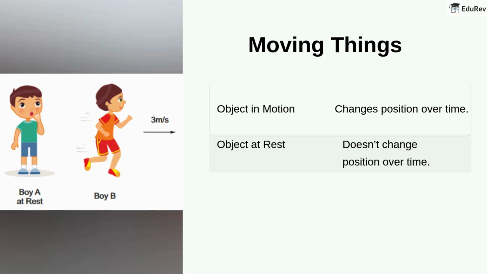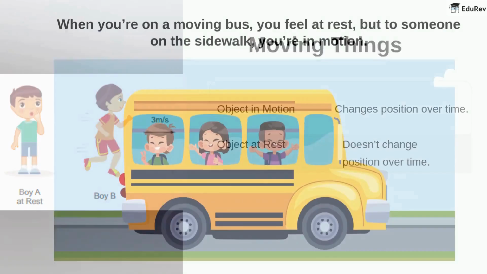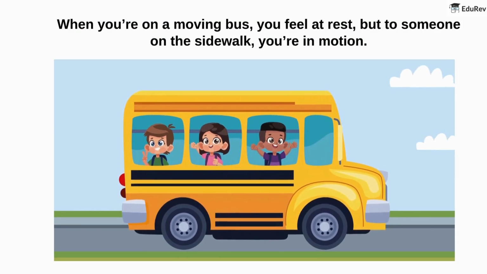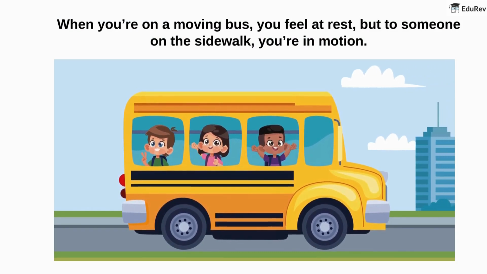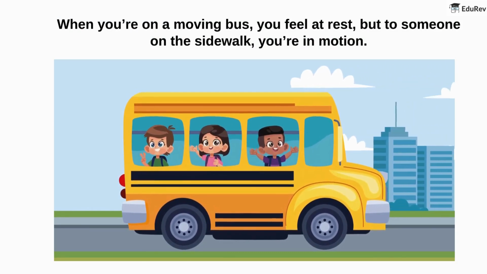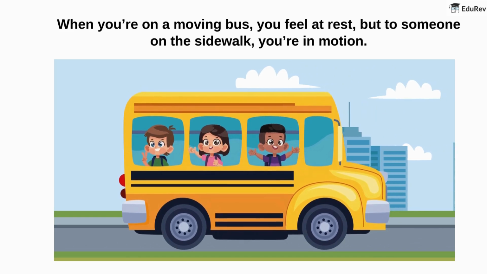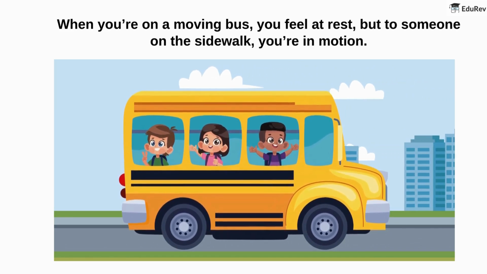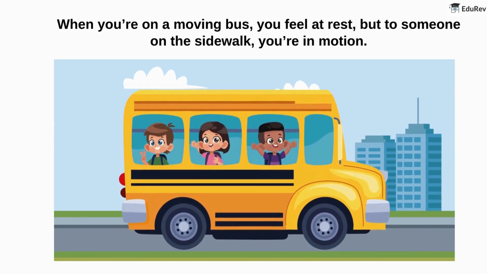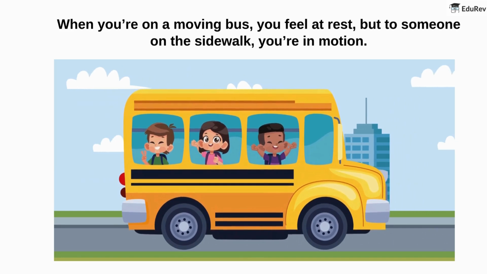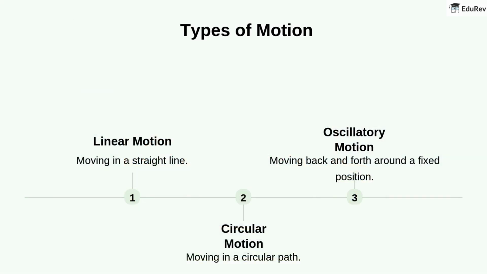When it stays in the same place, like a tree or a parked car, it's at rest. Here's a fun example. If you're sitting on a moving bus, you're at rest inside the bus, but someone on the sidewalk sees you moving. So, whether something is in motion or at rest depends on where you're looking from, or the reference point. Let's move on to the different ways things can move.